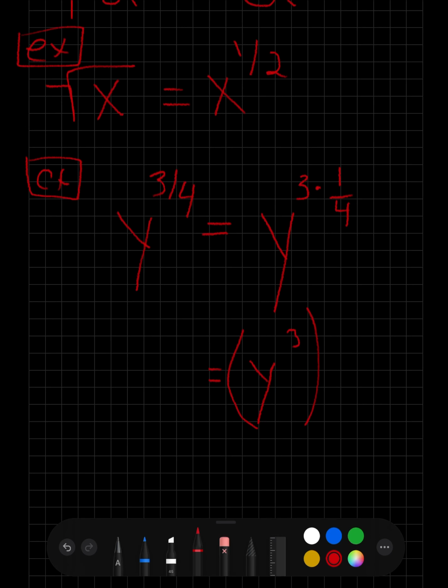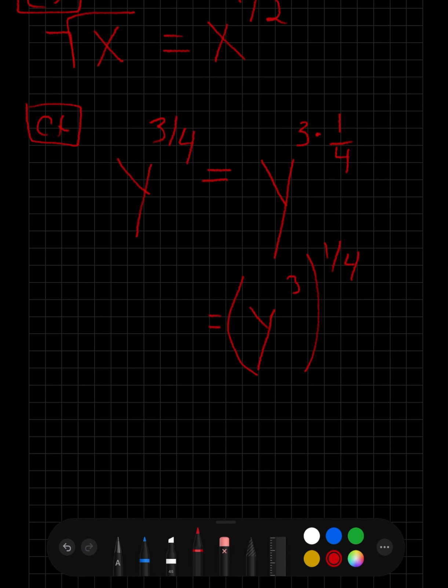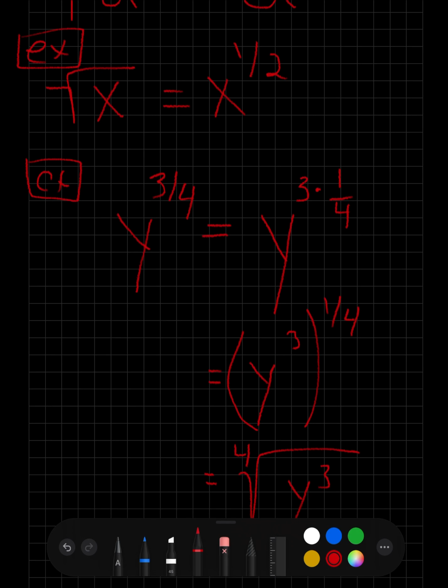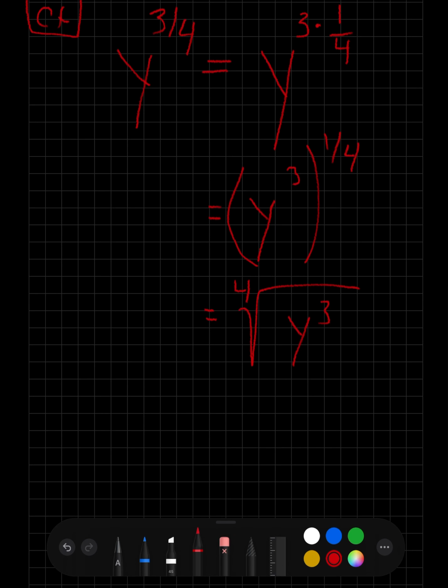This would be y cubed to the 1/4 power. Here I'm using my power to a power law that we just talked about. So now I could say this is the 4th root of y cubed. We won't use anything that complicated. For the most part, we're going to be working with square roots, but we might see a couple examples where we have 4th roots, things like that.